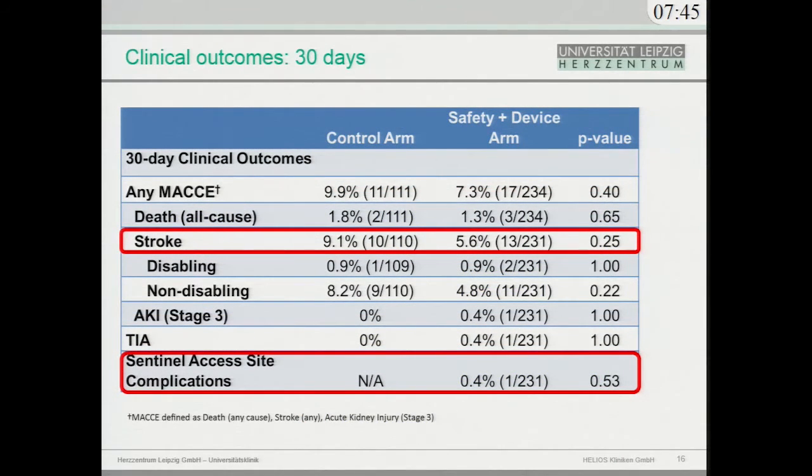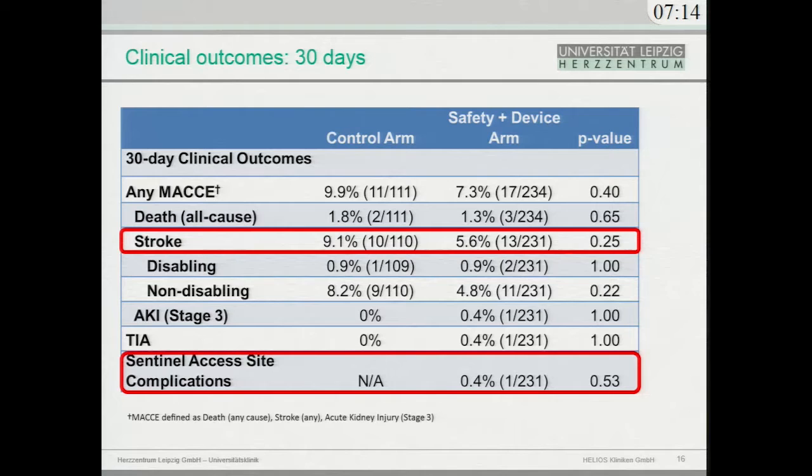Now, these are the major results shown in a very compact form. There was a trend for the frequency of new lesions in the control arm and in the safety and device arm. However, this difference between the 2 arms did not reach the significance level, which was quite disappointing.